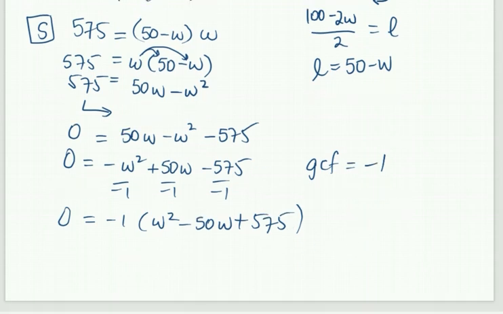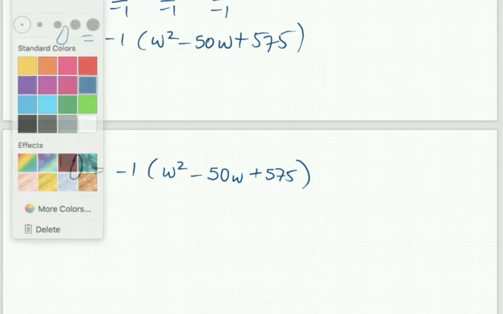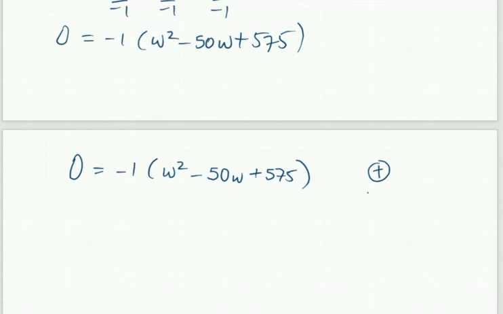So we're going to add to the middle term, which is -50, and we have a simple trinomial here, and we're going to multiply to 575. So those are the conditions. What are the two values that'll work?